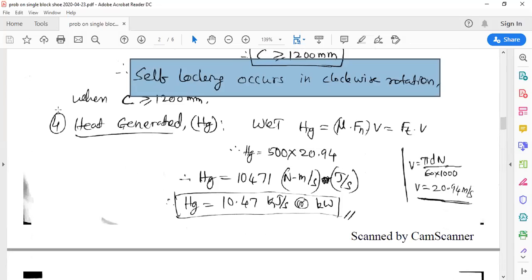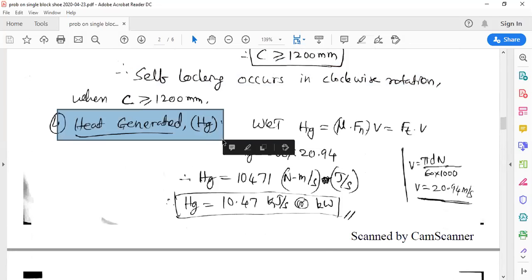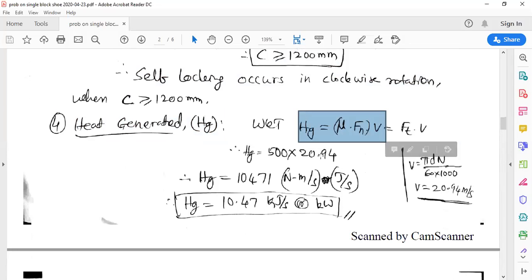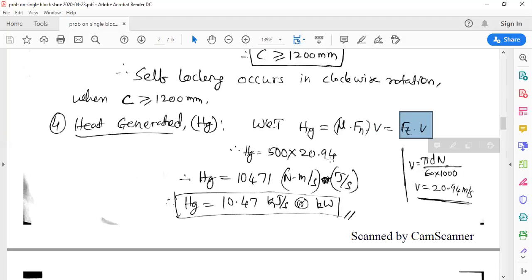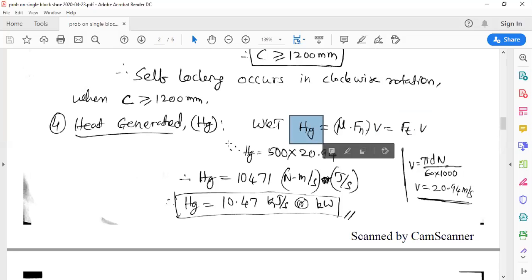The next step is to calculate the heat generated. Heat generated Hg is equal to mu into Fn into V, or Ft into V, which is the power transmitted, or the loss of power during the application of the brake. That is nothing but Hg, the heat generated.